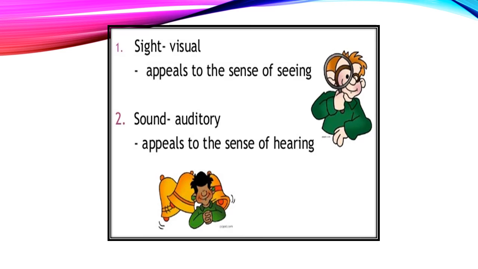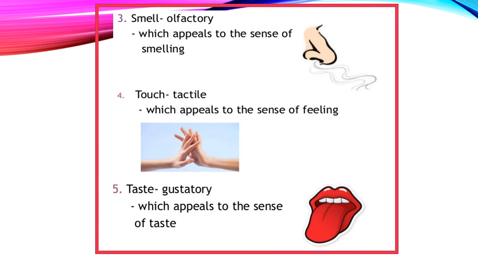Okay, next. Third is smell or olfactory, which appeals to the sense of smelling. In this sense, we need to use our nose in order for us to smell. Fourth, touch or tactile. It appeals to the sense of feeling.